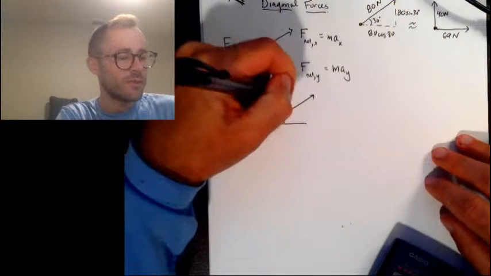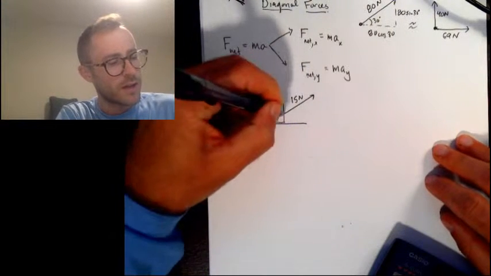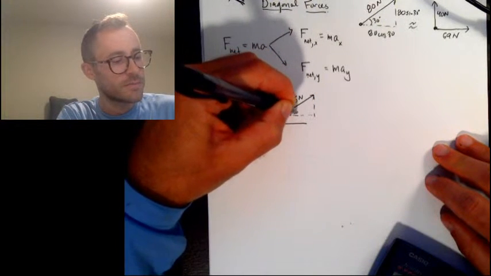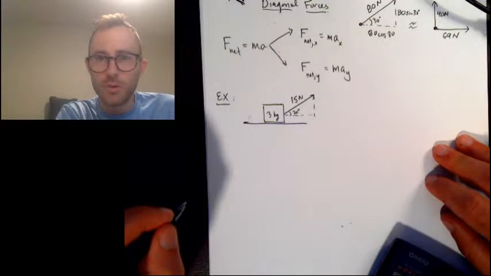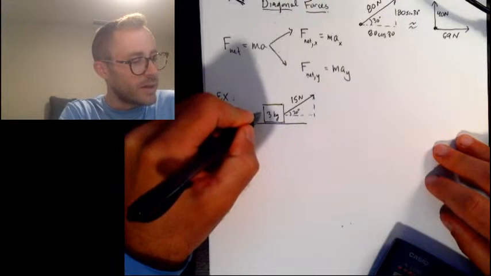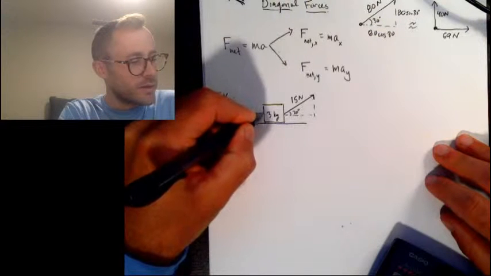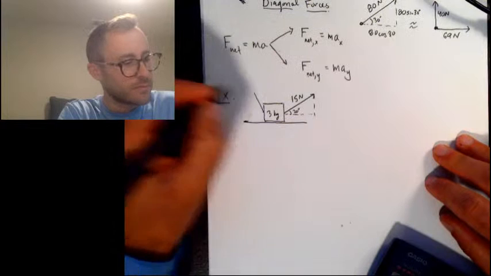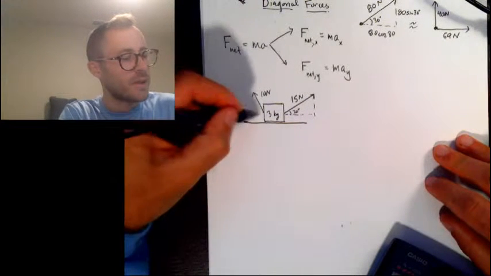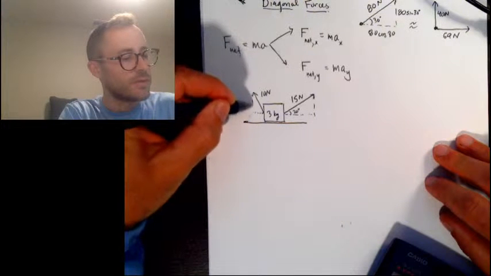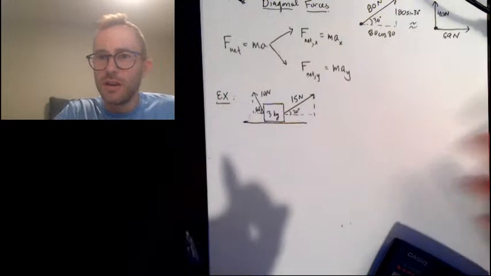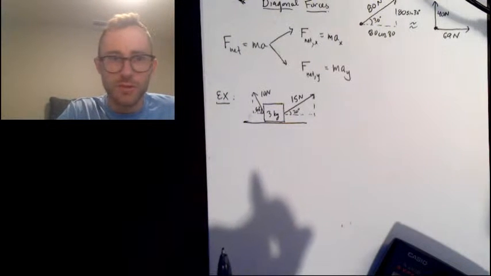It has a 15 Newton force acting at 20 degrees to the horizontal, like that. And then it has a 10 Newton force pulling this way at an angle of 60 degrees. Okay, very good. The weight force is going to be 30 newtons, m times g.